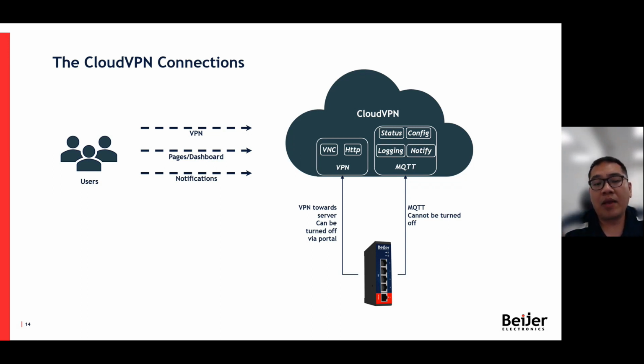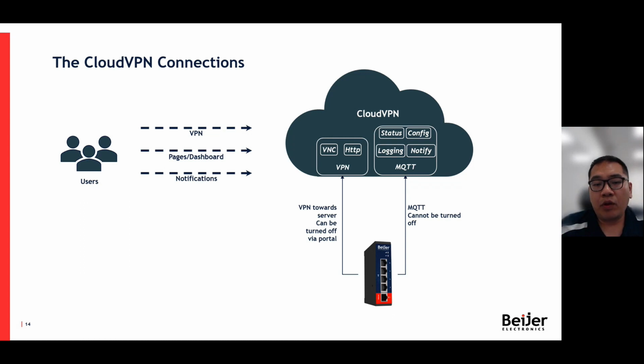The VPN connection, when turned off, can save you data, because it doesn't have to keep the tunnel alive. So if your customer or yourself is connected through a metered network, such as a satellite connection, which charges quite high for data, it's interesting for you to know that the VPN connection can be turned off.